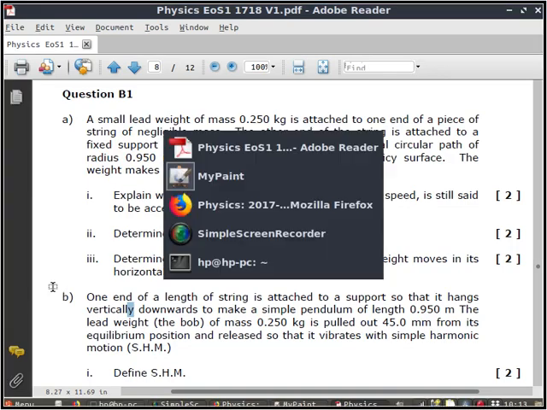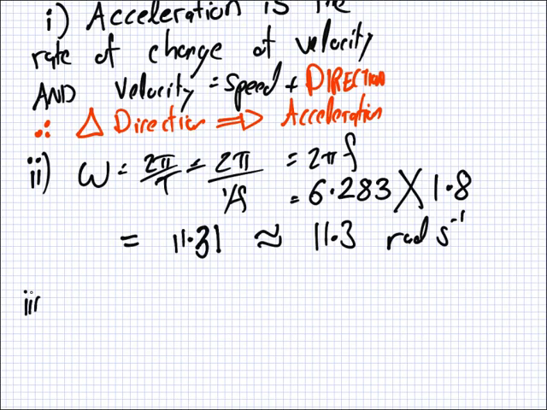Okay, what's next? Part 3, what's the tension? So tension equals the force, which equals MA, which equals M omega squared r, because the acceleration is omega squared r.